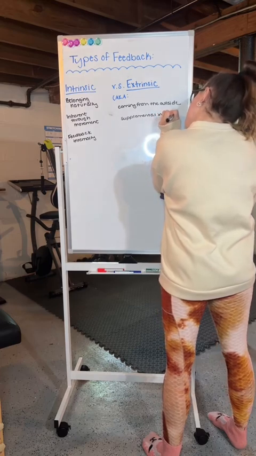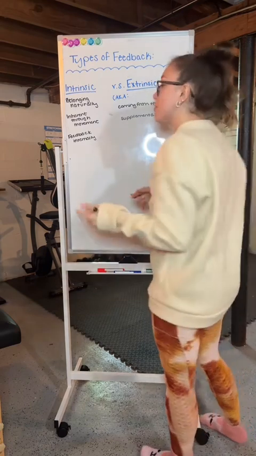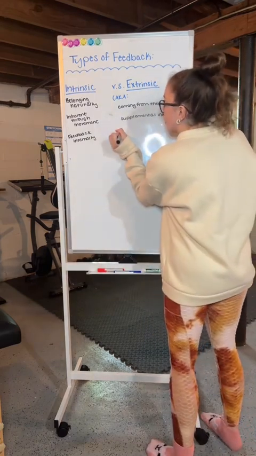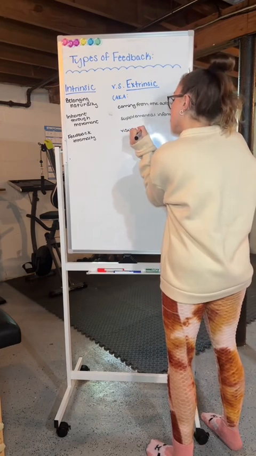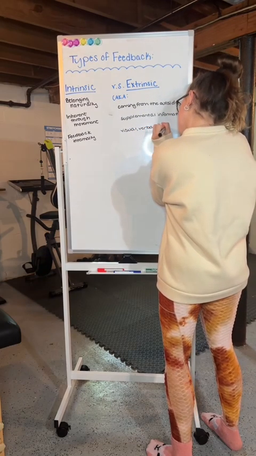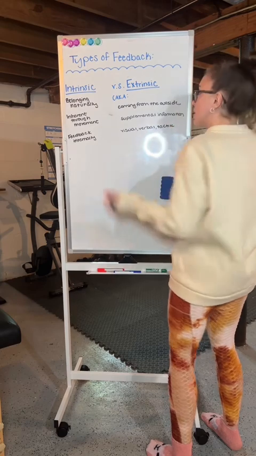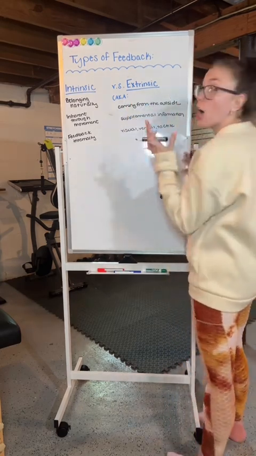Now, this type of information is very commonly coming from the physical therapists themselves, and it can be demonstrated with visual cues, verbal cues, or tactile. Something else I would like to point out is extrinsic is also known as augmented feedback.